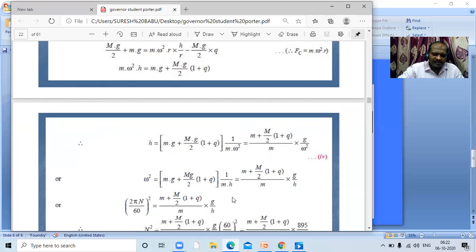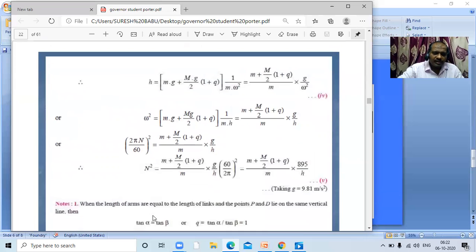By simplifying this equation, omega square is once again 2 pi n by 60 whole square. Here we have introduced n, where N is the RPM of the bus. So N square is equal to small m plus capital M by 2 into 1 plus q by small m into g by h into 60 by 2 pi square.